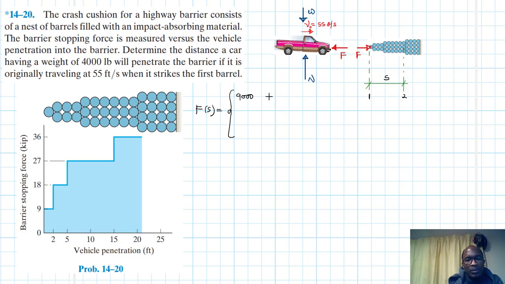So 9,000 pounds, this is when the deformation is in the range 0 to 2. Then we do have 18,000 pounds, which is in the range from 2 to 5. And then we do have 27,000 pounds, in the range 5 to 15.